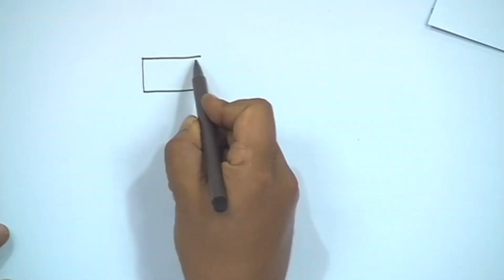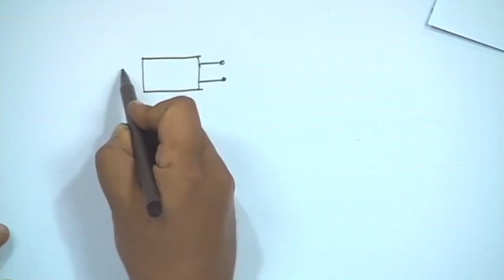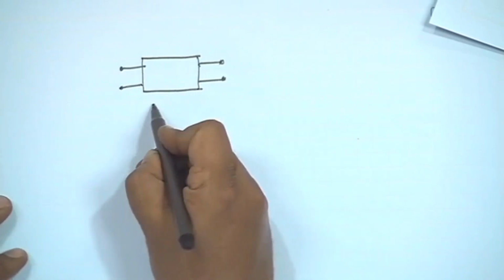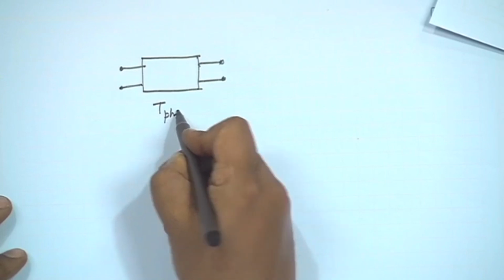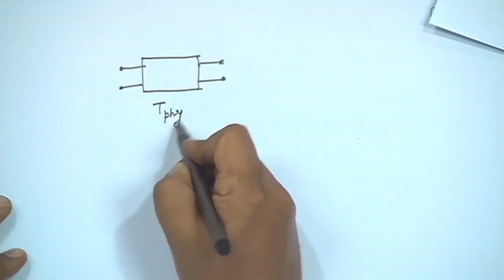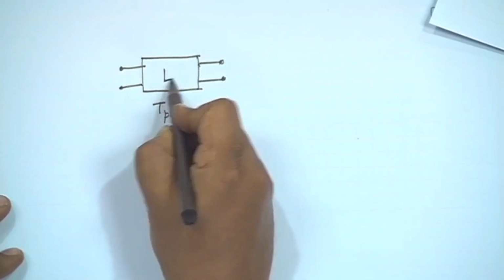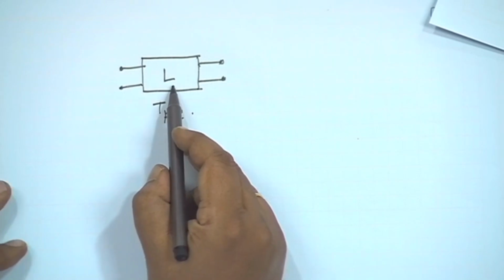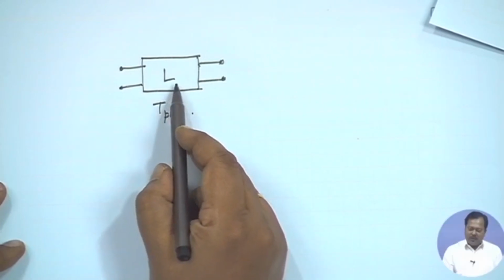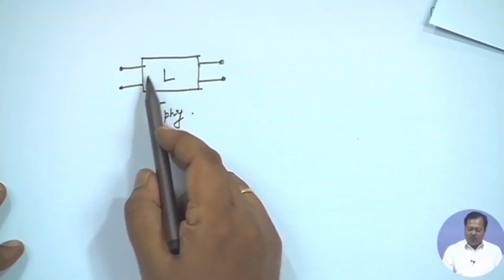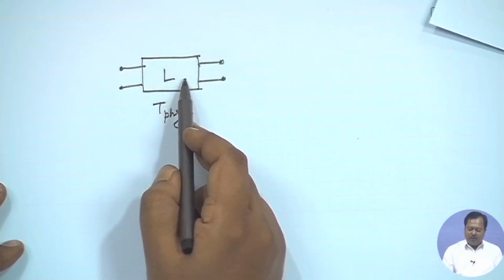So let us start with a simple two port network. Let us say this two port network is in thermal equilibrium and the physical temperature is given by Tphy, and the loss factor of this two port network is L. So if we want to represent in terms of gain, then simply L equal to 1 by G. Now this two port network itself will produce some noise.